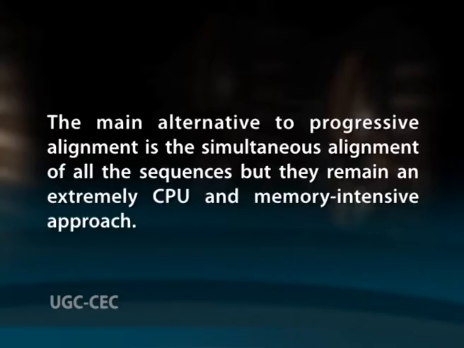Although the strategy in T-Coffee is also a greedy progressive method, it allows for much better use of information in the early stages. The main alternative to progressive alignment is a simultaneous alignment of all the sequences, but this remains an extremely CPU and memory intensive approach.